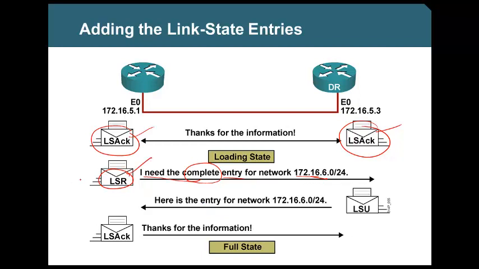And for this, an acknowledgement is sent again. So in short, acknowledgement will be sent for DBD, for LSR, for LSU, for everything. For hello packets, there is no acknowledgement. But for all other packets, acknowledgement will be sent.